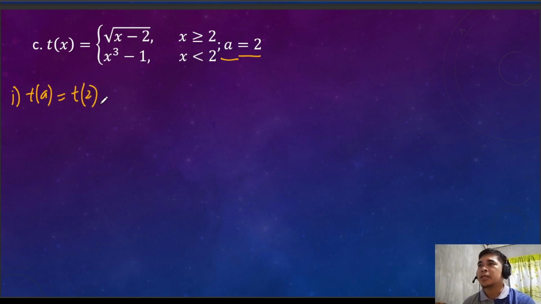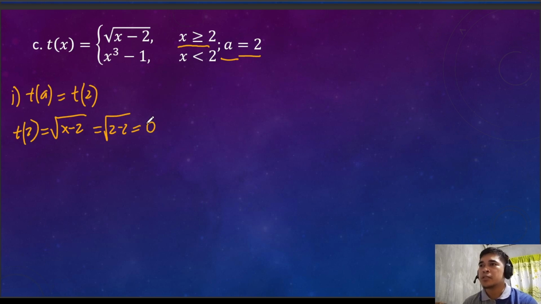So asa man diri? So here we are going to use this one, x is greater than or equal to 2, right? So our t of 2 is equal to square root of 2 minus 2. So the answer now is 0. So that is our t of 2.